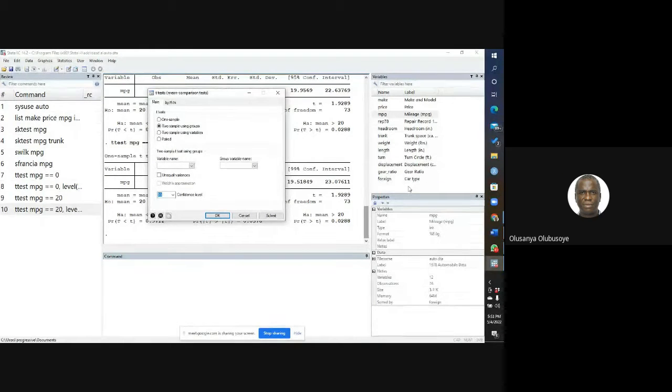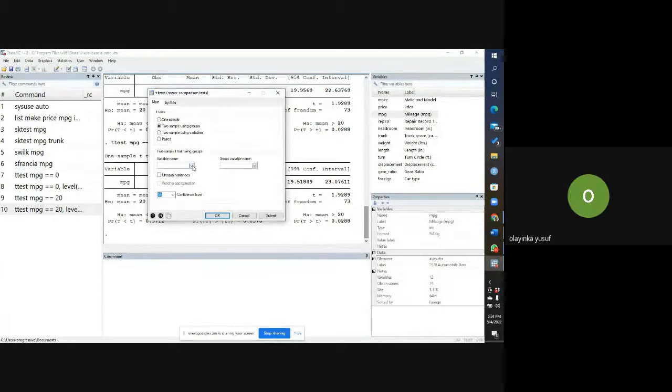So this test will now look at the situation in the two groups, whether the population mean for MPG in the foreign group is the same as the population mean of MPG in domestic.